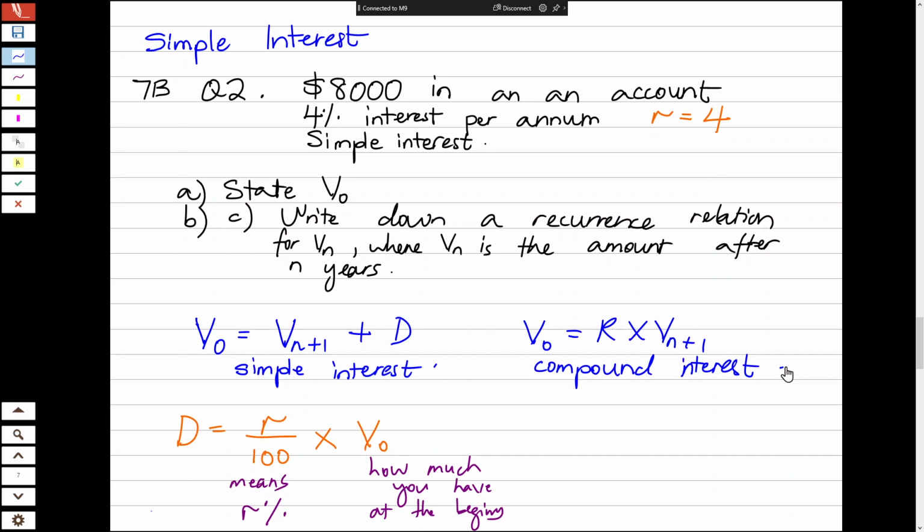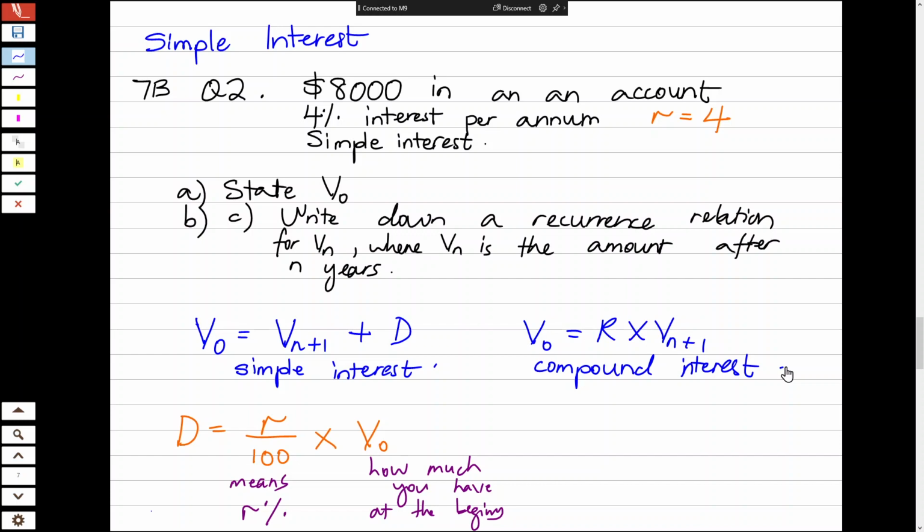Simple interest is always calculated using the amount at the beginning. So the longer you let your simple interest run, the less value it gives you. Let's say I ran this for like 50 years, I would have thousands of dollars more, but I still have the same amount each year coming in as I did at the beginning.